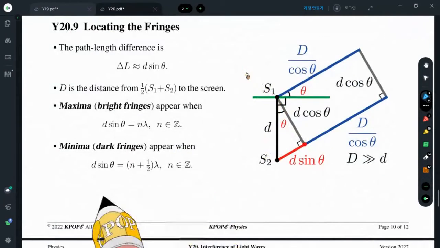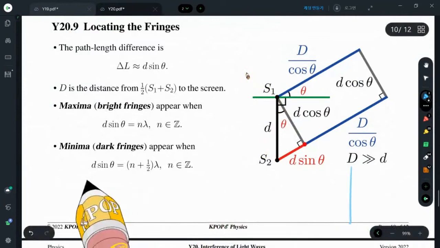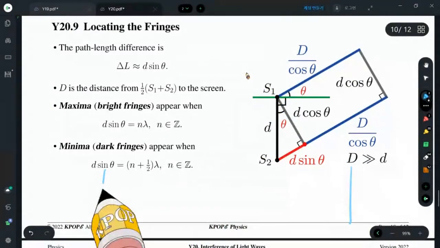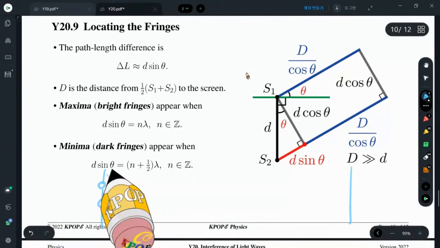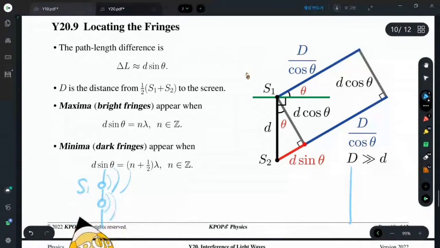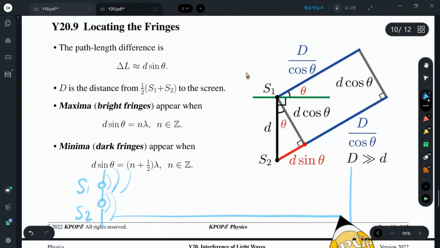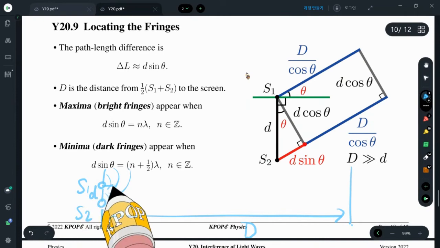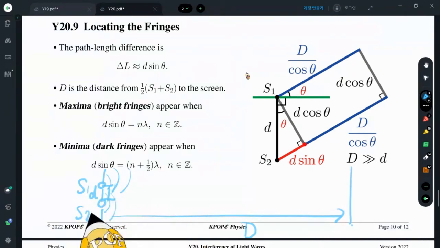And if you install a double slit in here and two coherent lights are generated from slit 1 and slit 2, and there is a screen very far away at a distance capital D. And this distance small d is the separation of the two apertures.